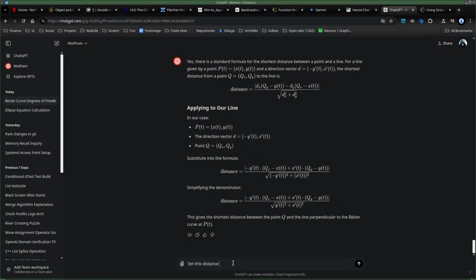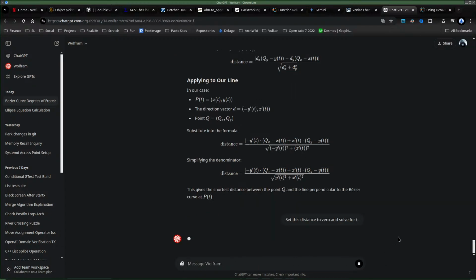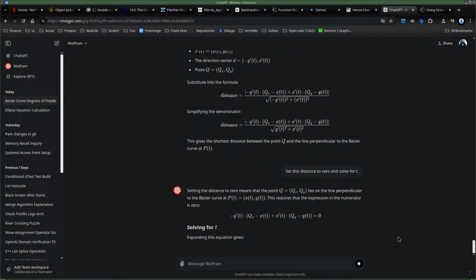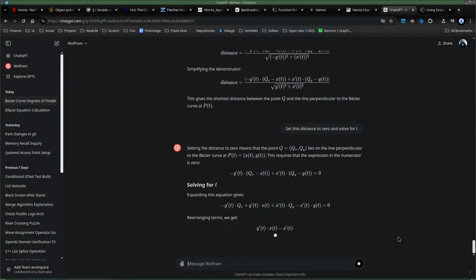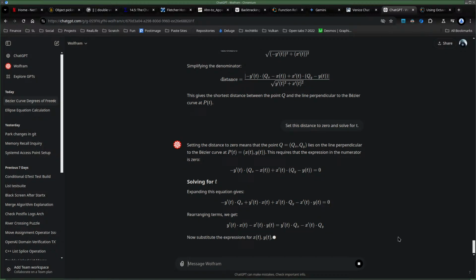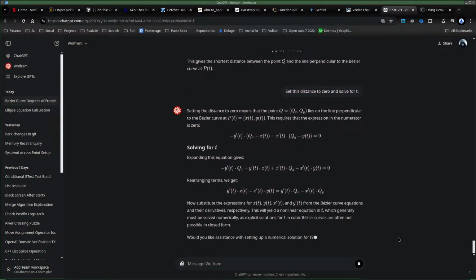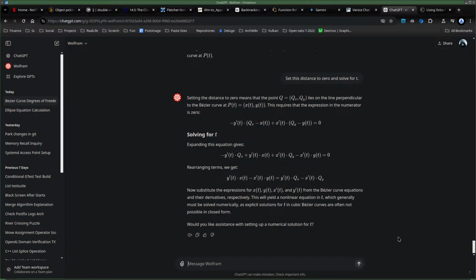Set this distance to 0 and solve for t. Oh, okay.